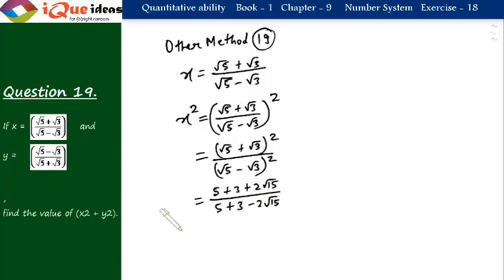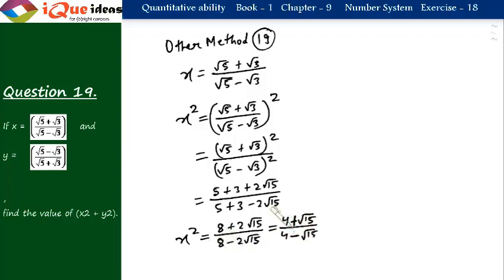So we have x square is equal to 8 plus 2 root 15 upon 8 minus 2 root 15. You can take out 2 common and cancel to get 4 plus root 15 upon 4 minus root 15.